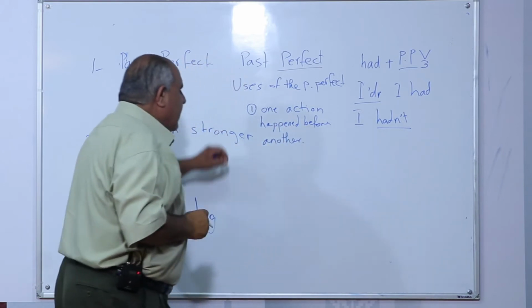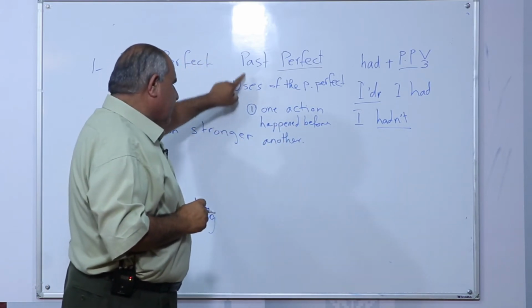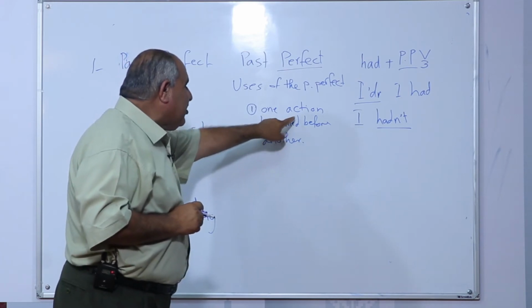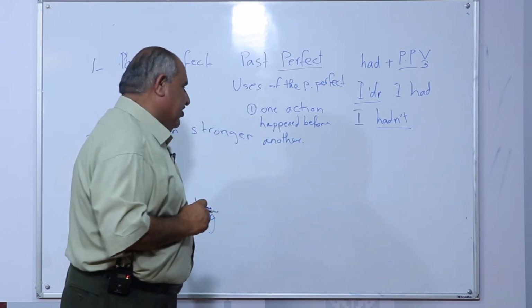Again, we use the past perfect to make it clear that one action happened before another action.